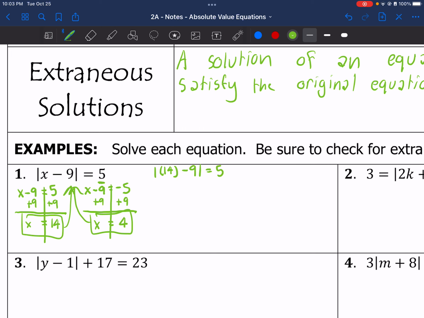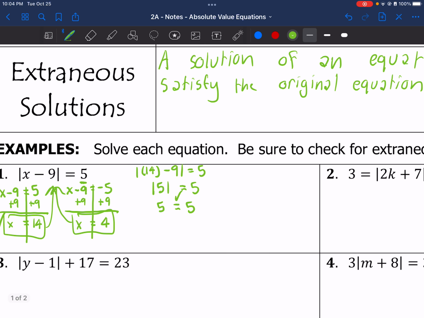So 14 minus 9 is 5. And the absolute value of 5 is always going to be positive. So we're going to get positive 5 is equal to positive 5. Since we have the same number on both sides of the equal sign, we know that x is equal to 14 is a solution for us.